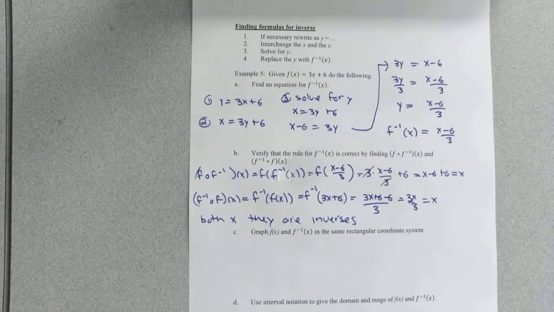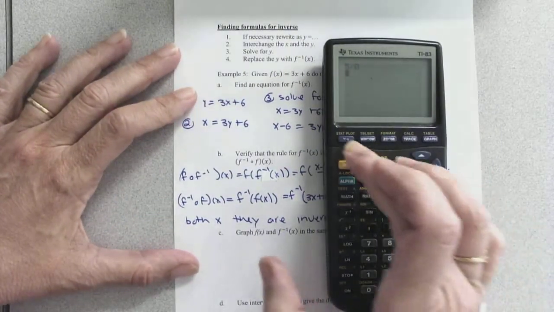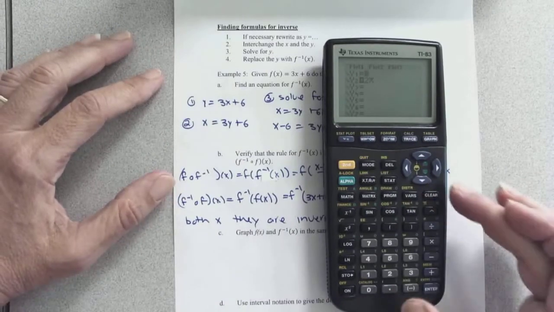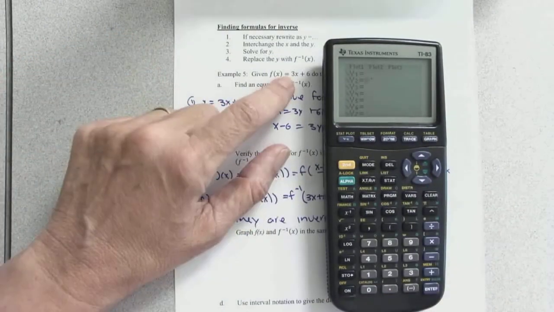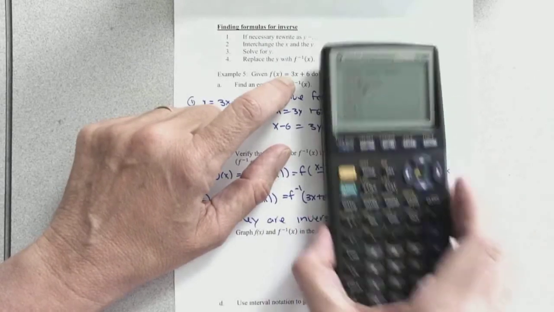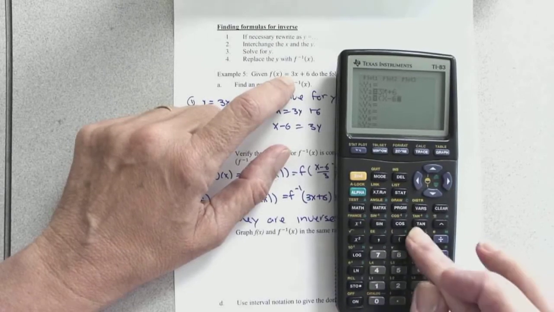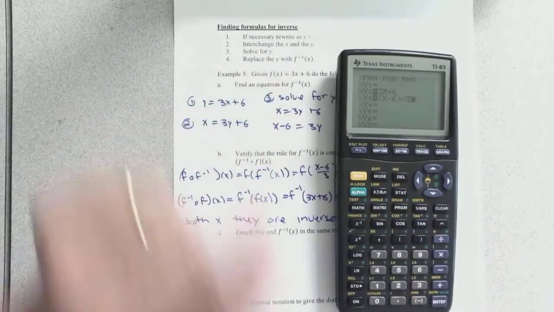Then graph both those. I'm just going to do them on a calculator real quick. You could graph them by hand, but calculator is fine here. So we had one of them was 3x plus 6, and the other was (x minus 6) divided by 3.